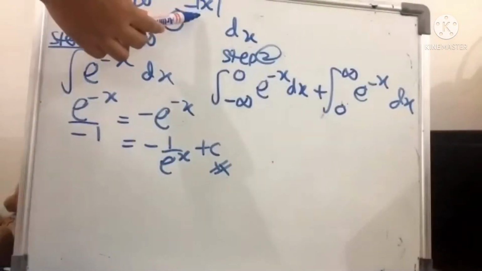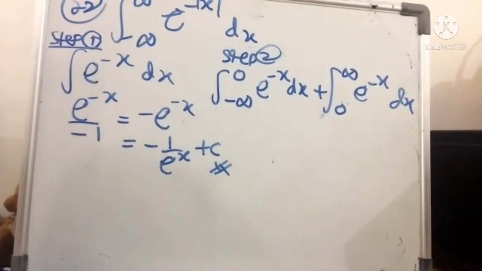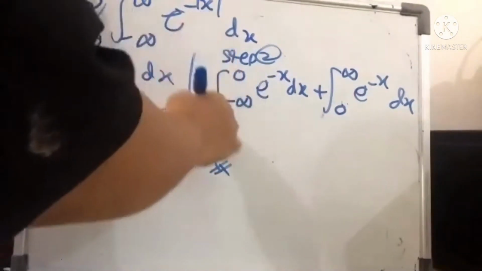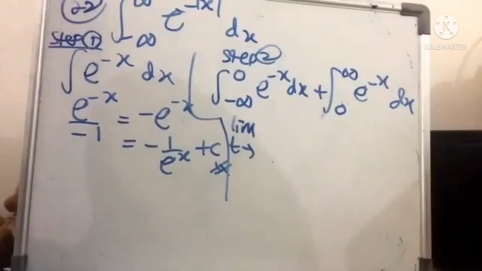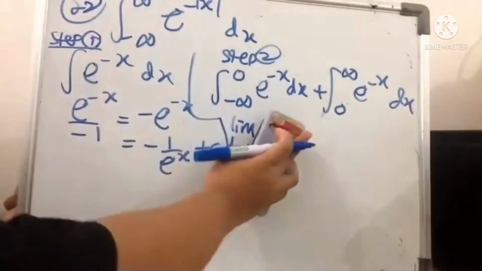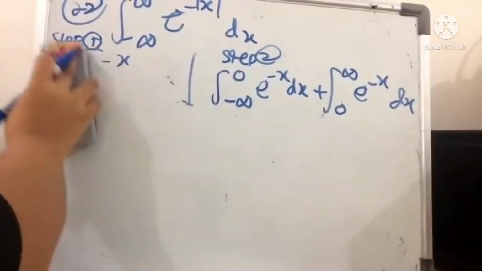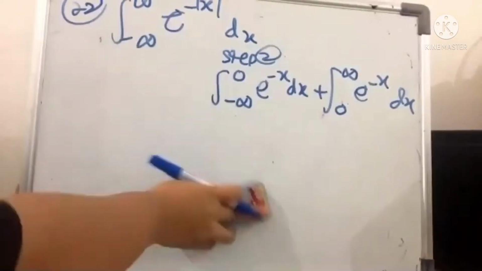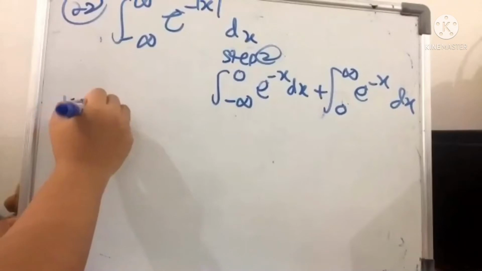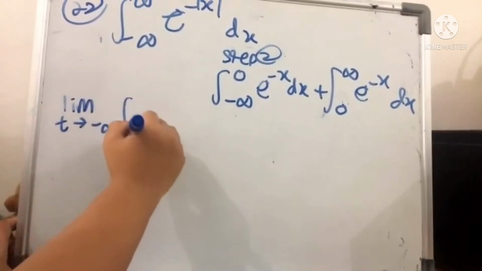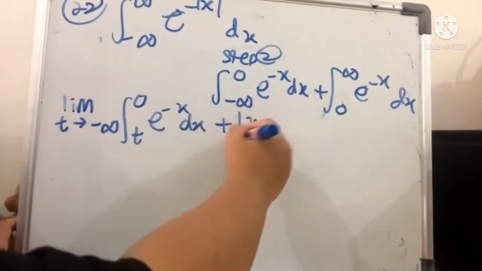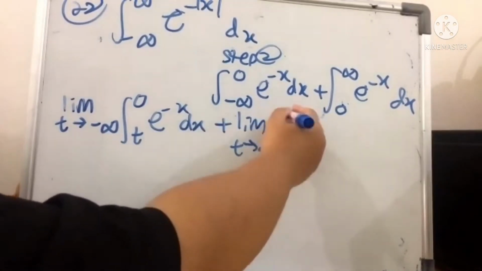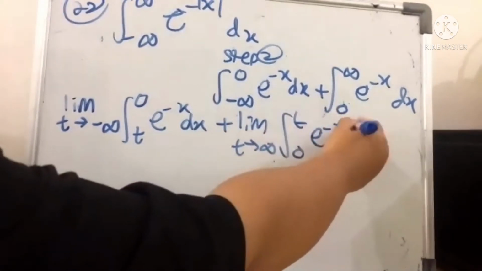Does it need to put the infinity value too? It's okay, the infinity sign is okay. So now from here you change into the limit t approaching negative infinity. I prefer to use this approach. So the limit t approaching negative infinity, t to 0, e to the power of negative x dx, plus the limit t approaching infinity from 0 to t of e to the power of negative x dx.